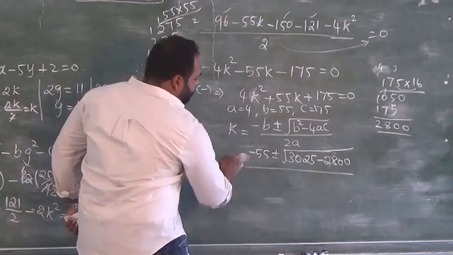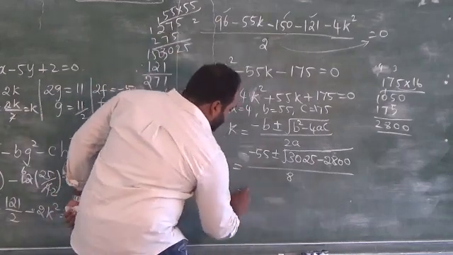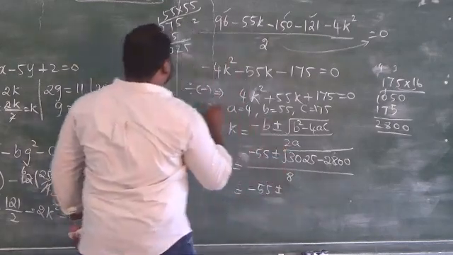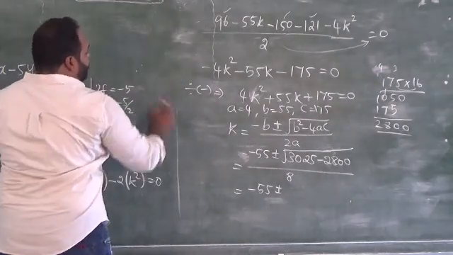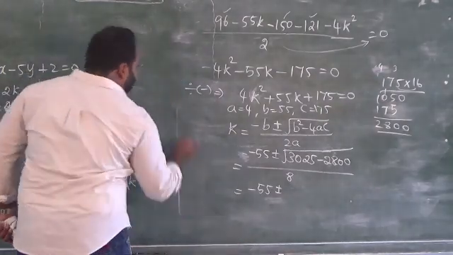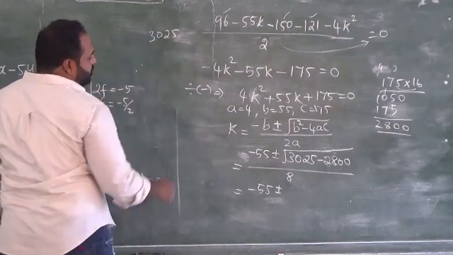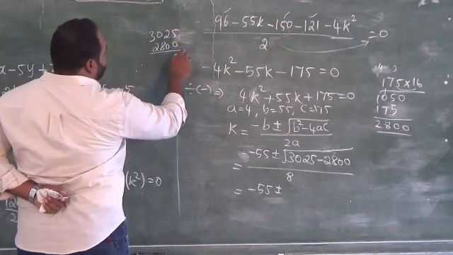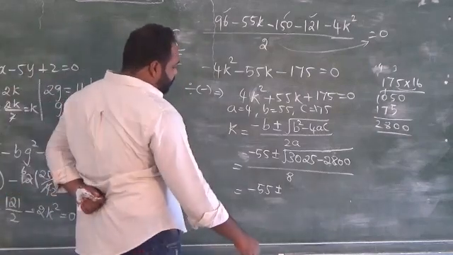Divided by 2a, 2 into 4 is 8. Here minus 55 plus or minus root of 3025 minus 2800, which is 225.